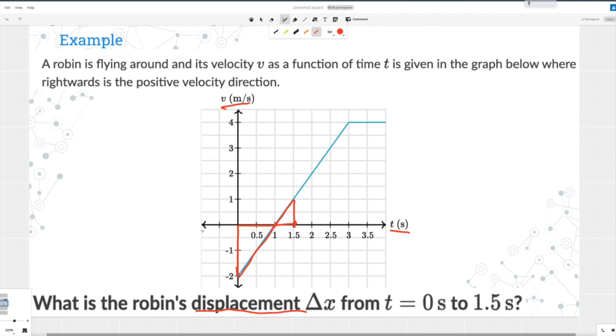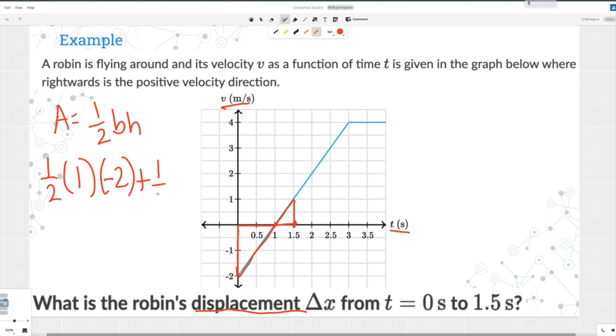The area of a triangle is calculated with the formula area equals 1/2 base times height. So 1/2 times the length of the base, which is 1, and the height is -2. We add that to the same formula for this triangle: 1/2, the length of the base in this case is also 1/2, and we multiply by the height, which is 1.